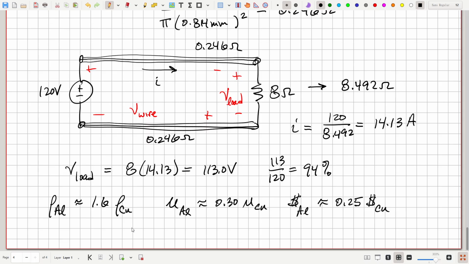Okay, so we're going to need about 1.6 times as many cubic meters of the aluminum as we would for copper to have the same resistance. But the mass is only about 30% as much, and the cost is only about 25% as much. And so if you punch all those numbers out, you get about 0.125, or about an eighth of the cost for aluminum versus copper.